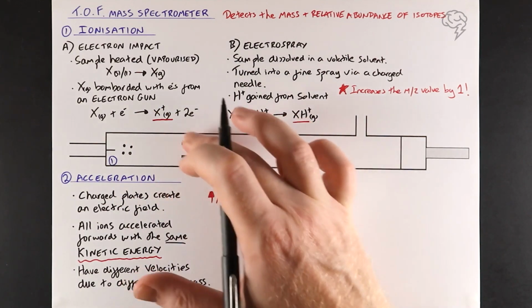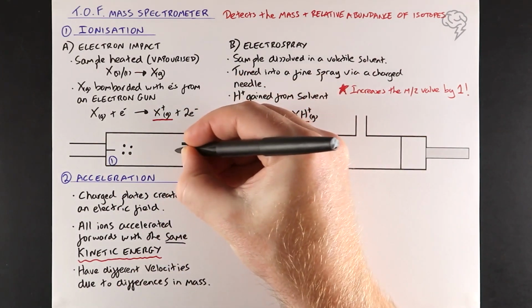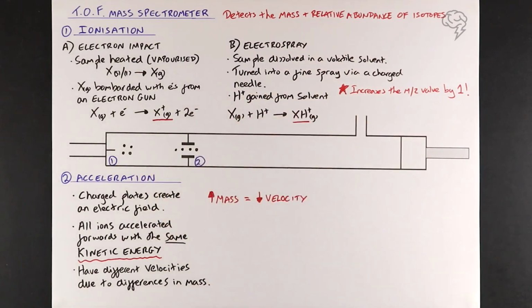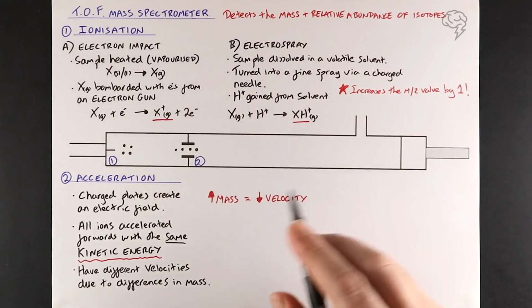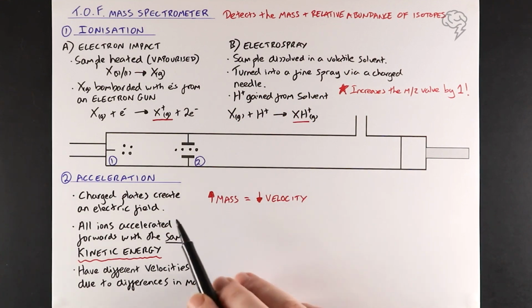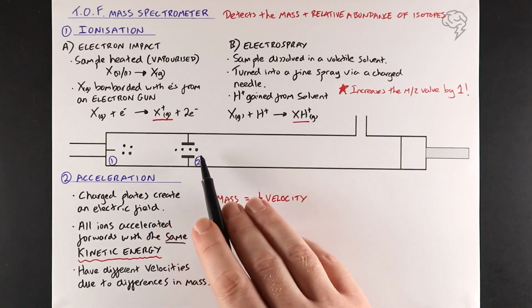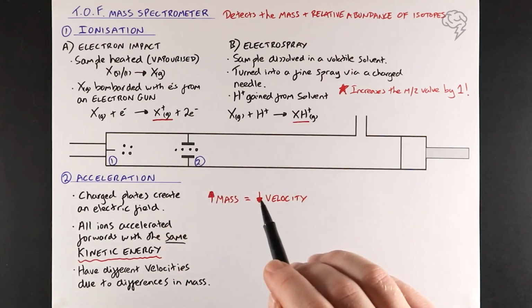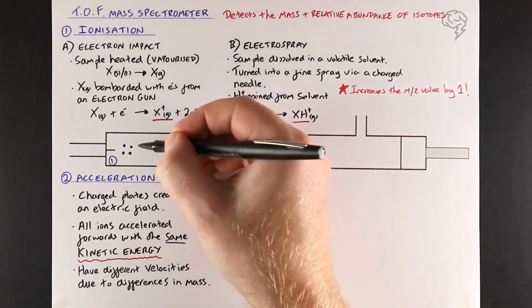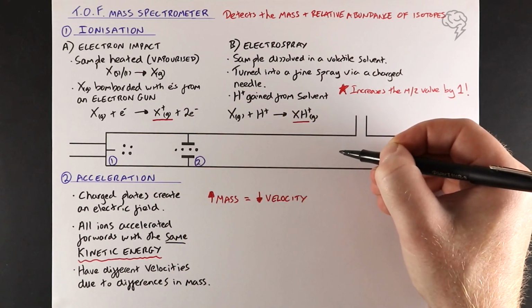Once they get to this charged plate here, they start to get moved forward. Those 4 dots start to line up and get separated there. Because they are all given the same kinetic energy, and because they all have different masses, they're all going to have different velocities. So these are fired along the tube here, accelerated forward by that electric field.